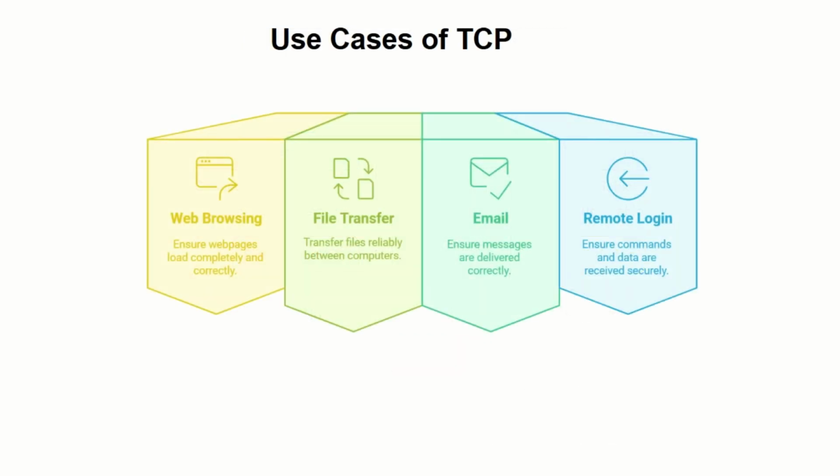As we have already seen, when reliability is crucial, TCP can be used. Web browsing ensures web pages load completely and correctly, file transfer, and email ensures messages are delivered correctly. Remote login ensures that the commands and data are received securely.